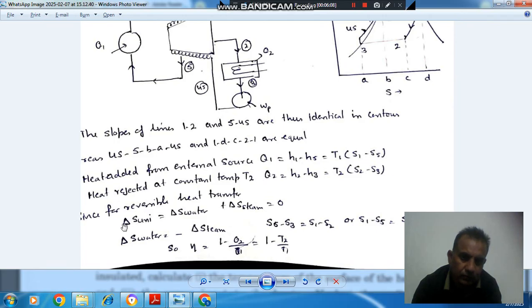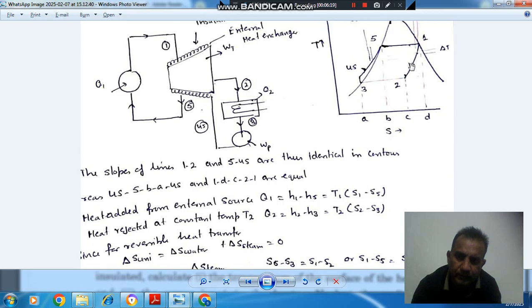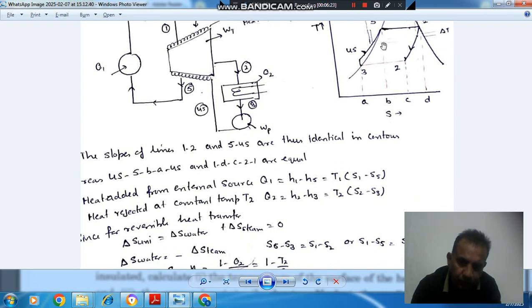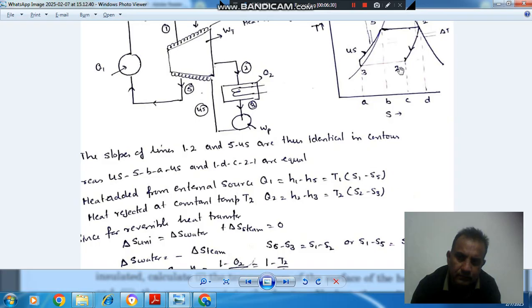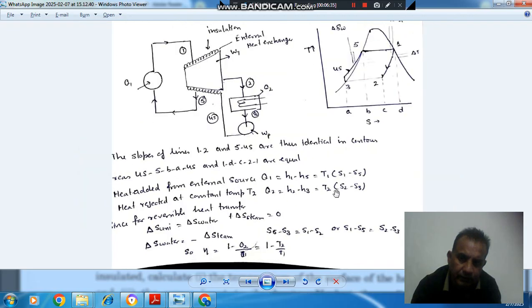The entropy change of water is S5 minus S4, and the entropy change of steam is S1 minus S2.